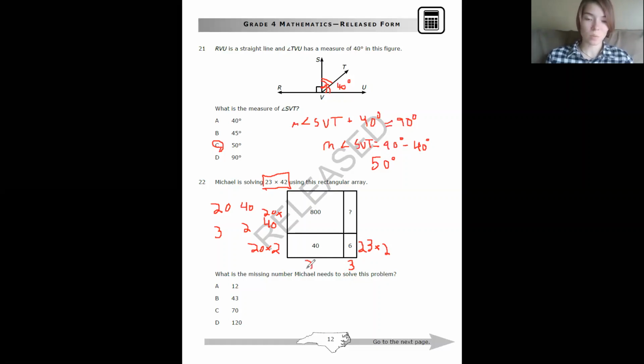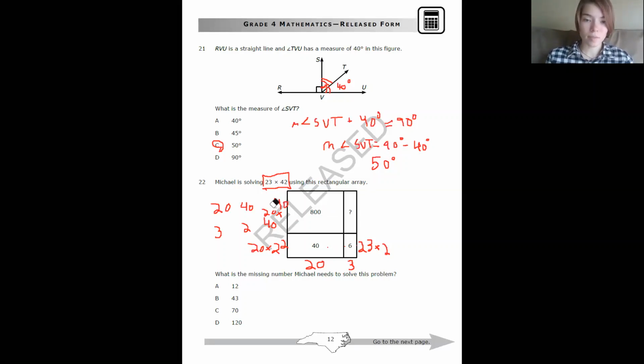What they have in common is the 20, so this area has to be 20. For two things in a row with each other, we look at which multiplier they have in common. So this is 20, that's 3, that's 2, just like on the other side. And that means this side here has to be 40.